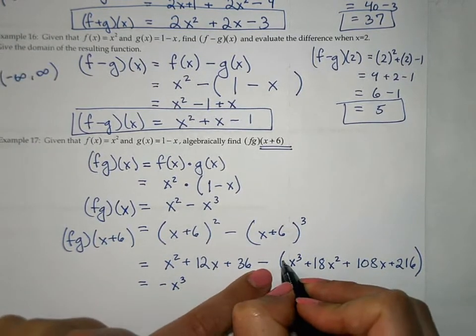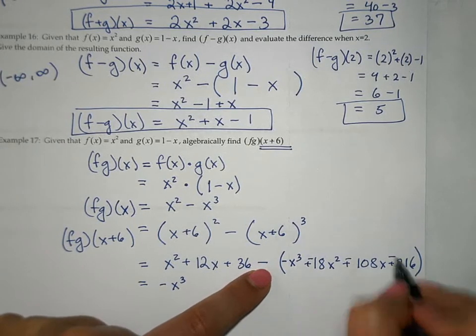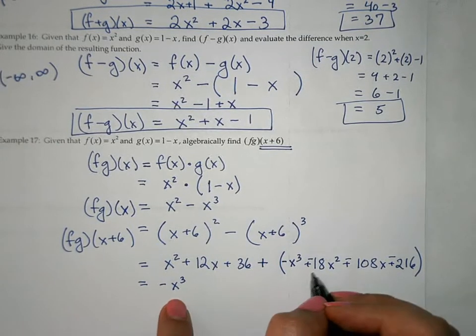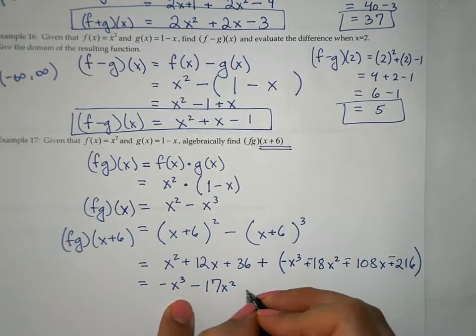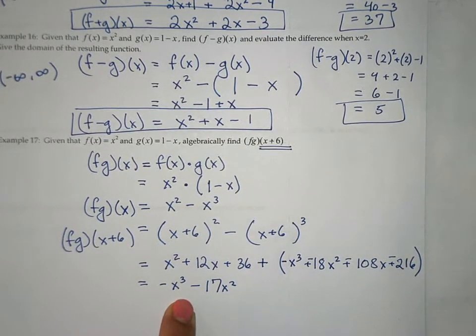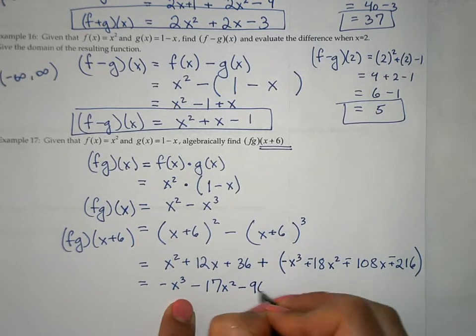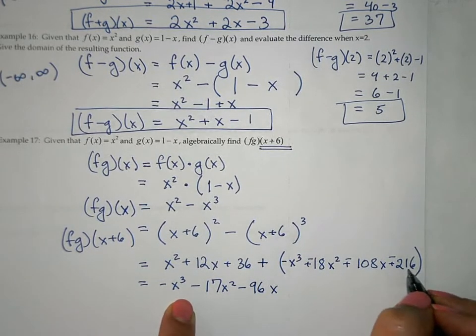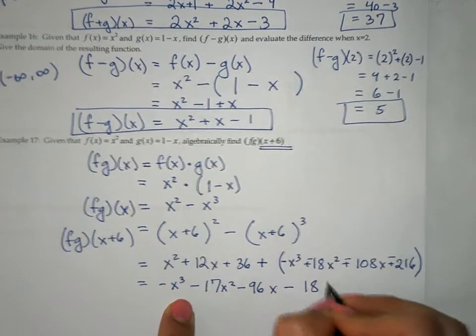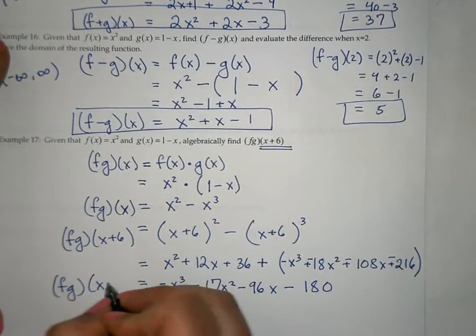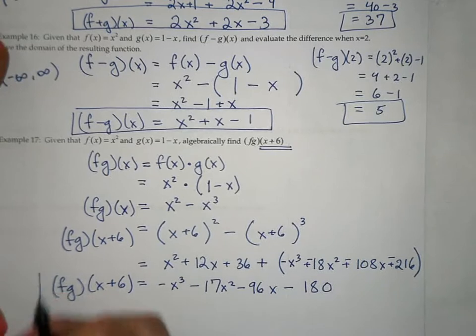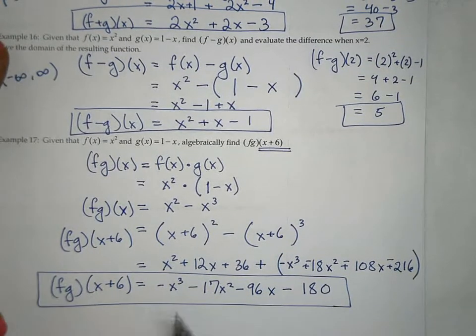I'm going to actually just change all these right now. Negative, negative, negative, negative. Negative x cubed, 17x squared. So this is the simplified version of f times g of x plus 6.